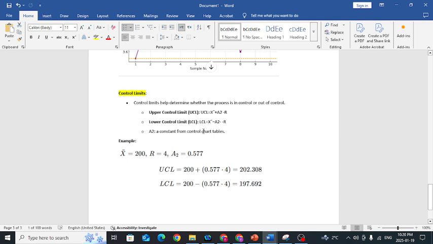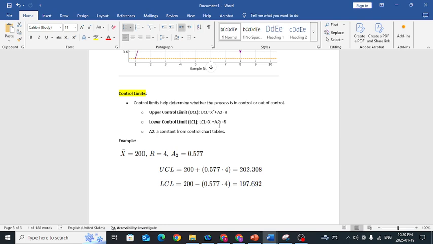But before starting, A2 is a constant from the control charts table. This is the A2 we can find in a constant table; it is the default according to your sample size.